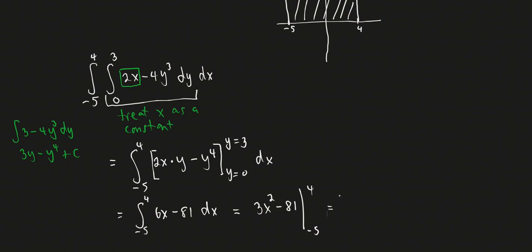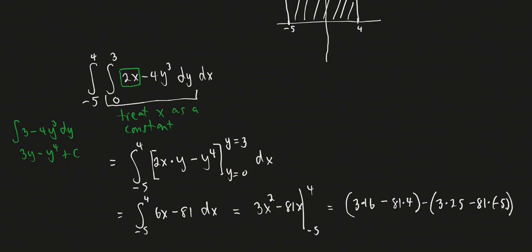Oh wait, I forgot an x here. This is minus 81x. Here we go. So we're going to have 3 times 16 minus 81 times 4. And then minus 3 times 25, and then minus 81 times -5.